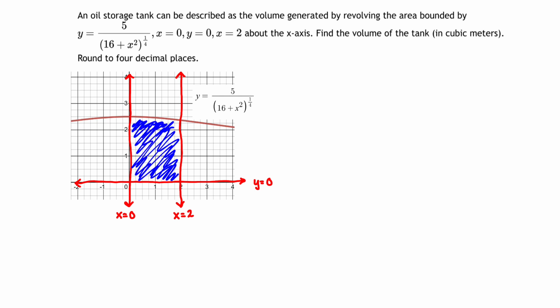And we are taking that region and creating a solid by rotating that region about the x-axis. What is that shape? Well, if you can imagine flipping this around really fast, let's get a visual here.